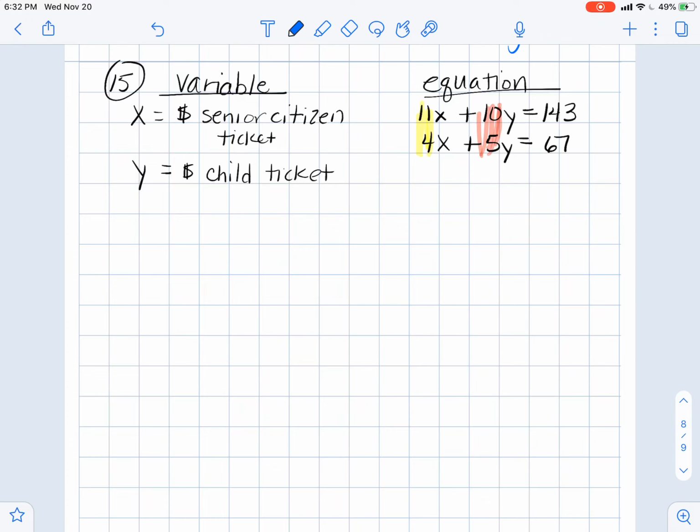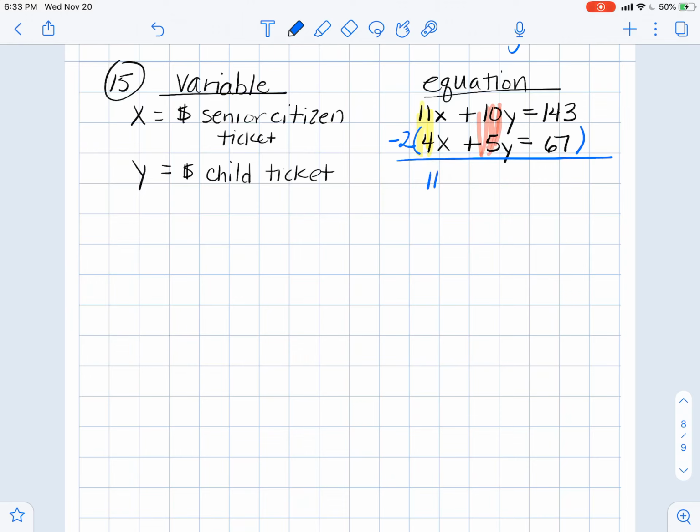To make the x's the same, I would need to multiply my denominator by a negative 11, which is going to then make my numbers get kind of big, and I'd have to multiply my numerator up there by 4. So we don't want to do that. So how about if we just multiplied this bottom equation by a negative 2, which would make that 10, and then they will eliminate.